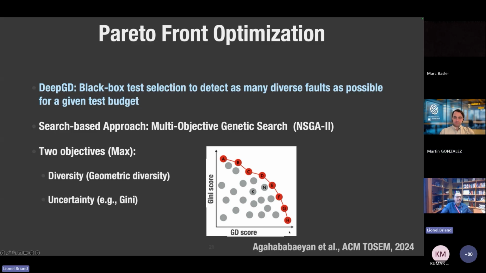And then basically we use images on that Pareto front in order to select an optimal subset for test purposes.